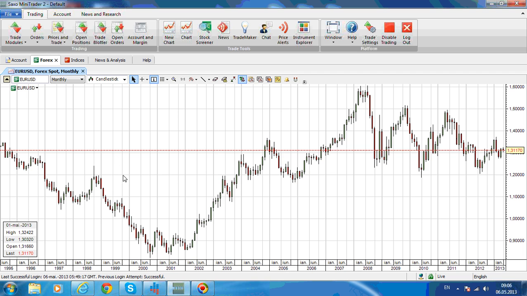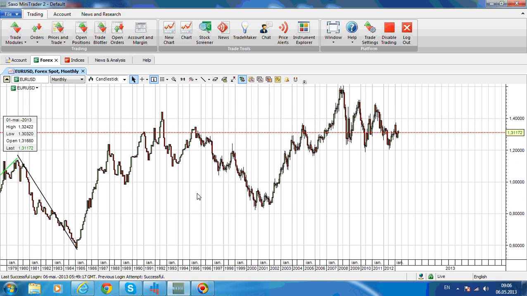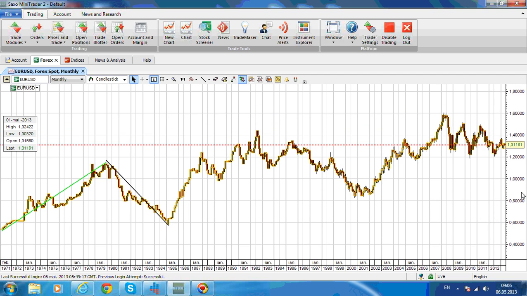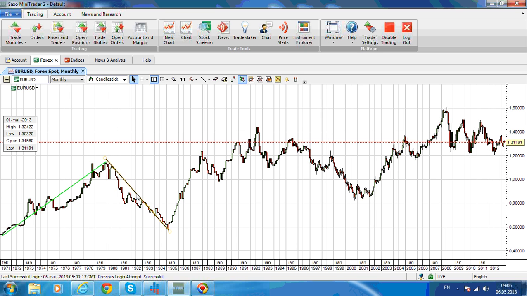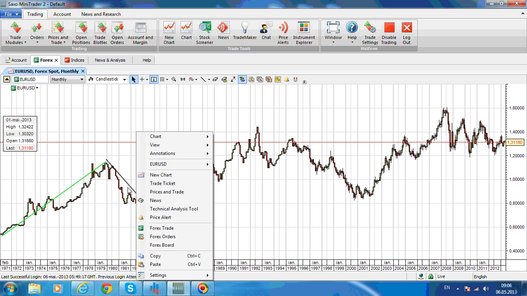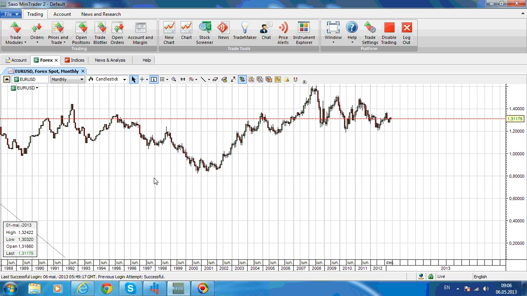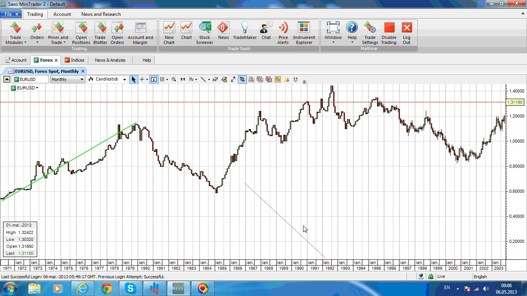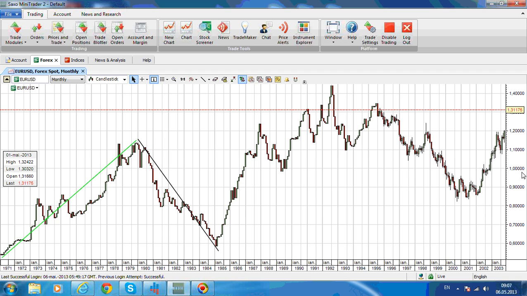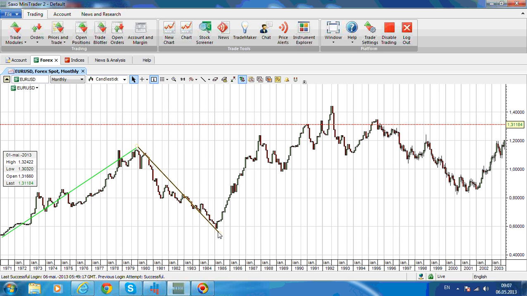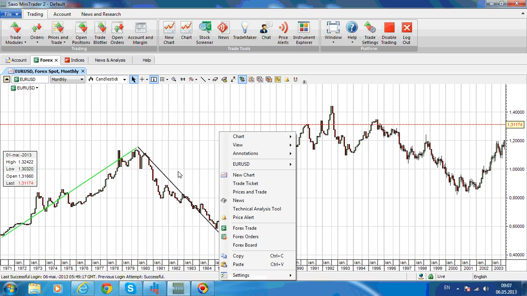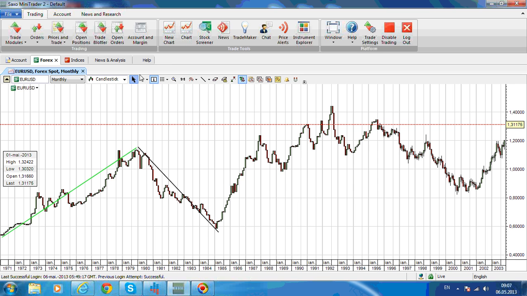Let's change the color of the trend line. Normally this should be red, like this, bearish cycle. Let me arrange it. Okay, we'll do that later anyway.